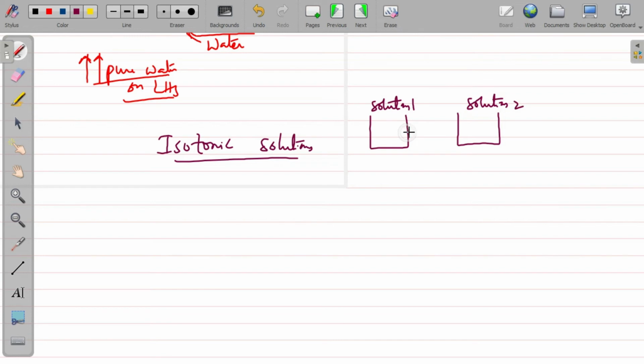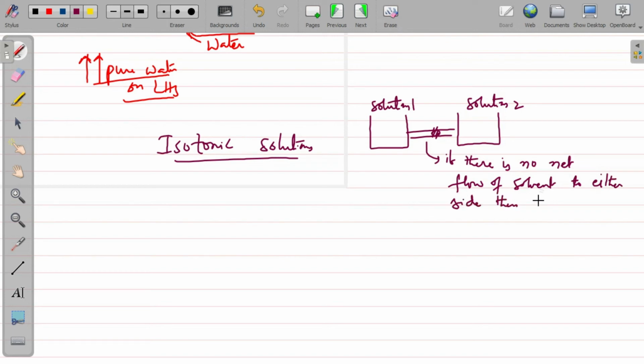If these two solutions are connected with SPM and there is no net flow of solvent to either side, then the two solutions are called isotonic solutions.